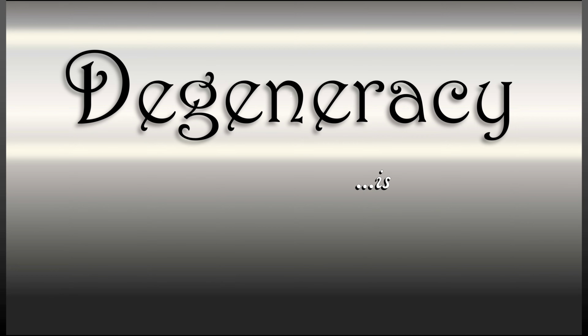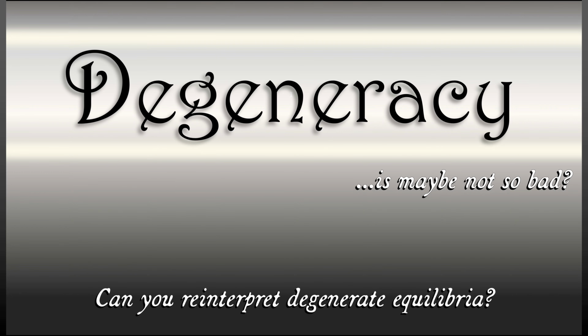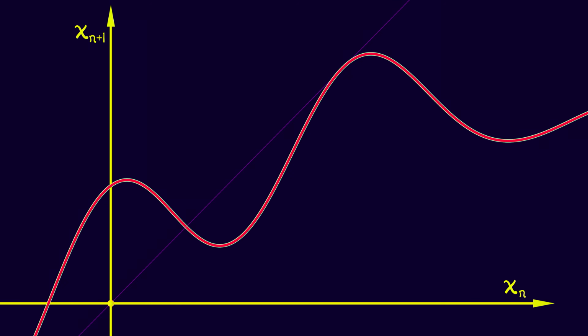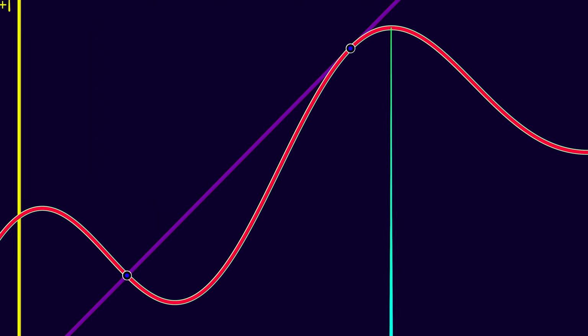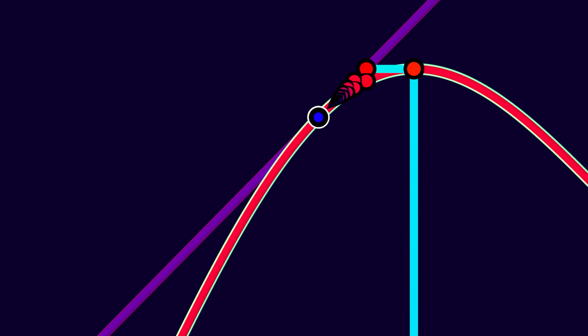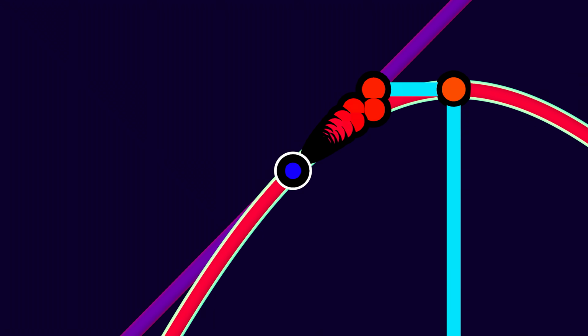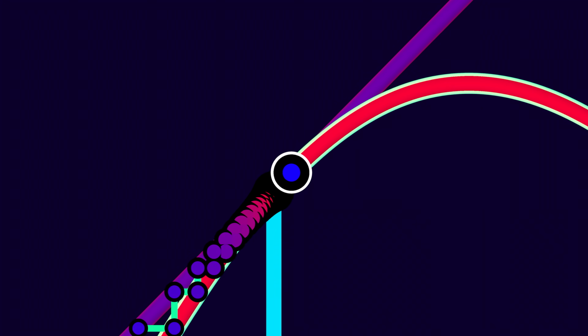With a little bit of thought, we can even make sense of degenerate equilibria, just like we did in continuous time. Consider the case where the derivative is equal to 1 at an equilibrium. This can happen in a couple of different ways and can involve a sort of mixture of stabilities, or a very, very slow approach into an equilibrium.